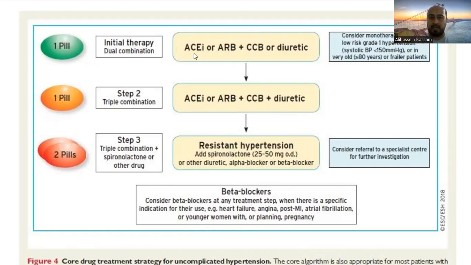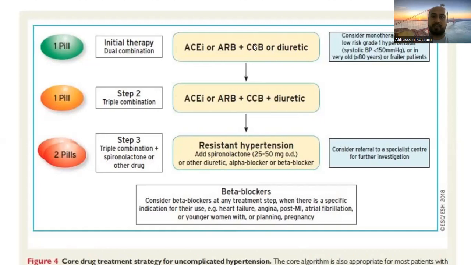Here you have an ACE inhibitor or ARB plus a calcium channel blocker or a diuretic. I can give you an example: valsartan with a calcium channel blocker such as amlodipine, or telmisartan as an ARB with a diuretic such as hydrochlorothiazide, which is in some places marketed as TEL-EH.